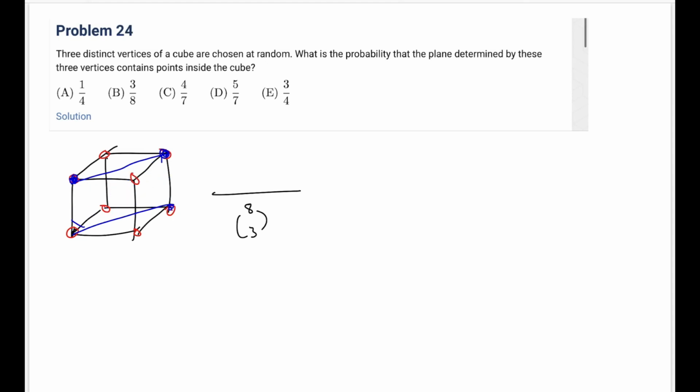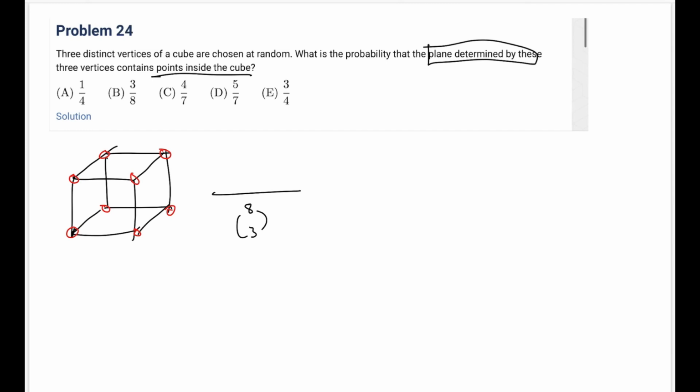But an example of vertices that make a plane with no points inside the cube would be these 3, right? And these 3 would make the plane only on the surface. So it wouldn't contain any points inside the cube, and it will only be on the surface, right? And so that's the kind of thing I'm talking about. So first of all, the bottom line is 8 choose 3, and for the numerator, first let's look for how many chosen 3 points give a plane with no points inside the cube.